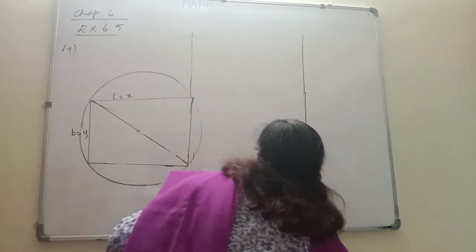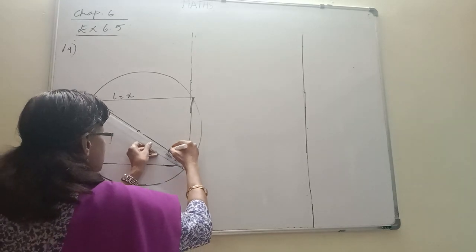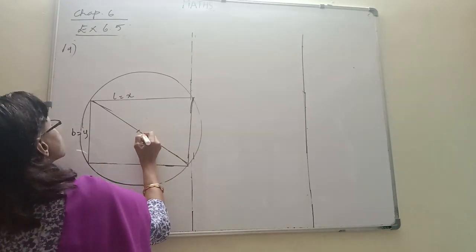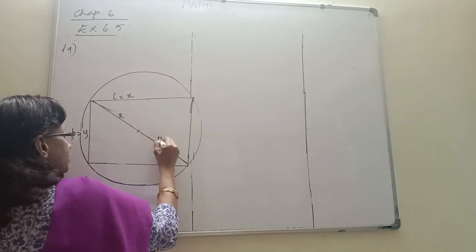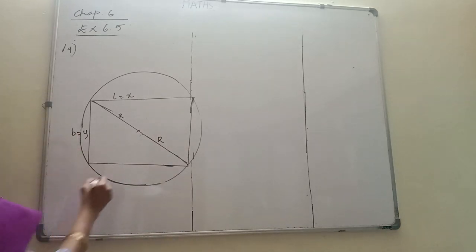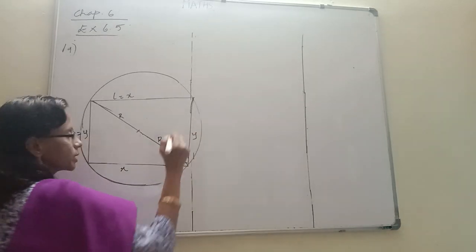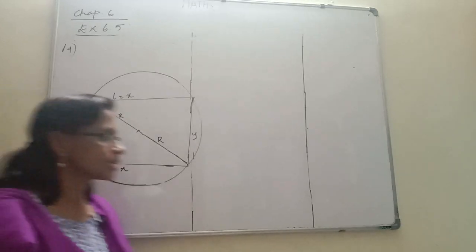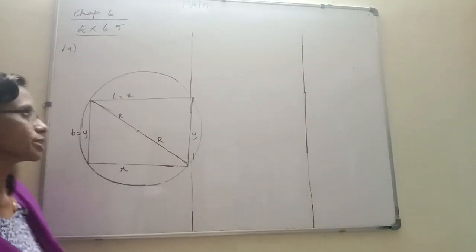This is the scenario where we have the circle. Let's have the radius as r for this. This is the length, this is the width. So all these assumptions, let's write them down and get on with the work.